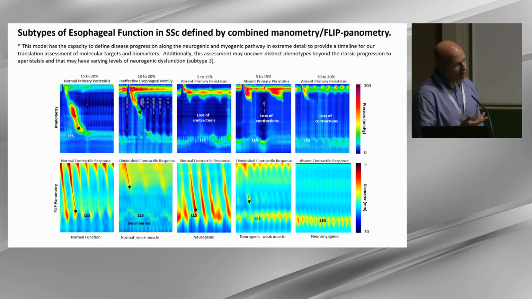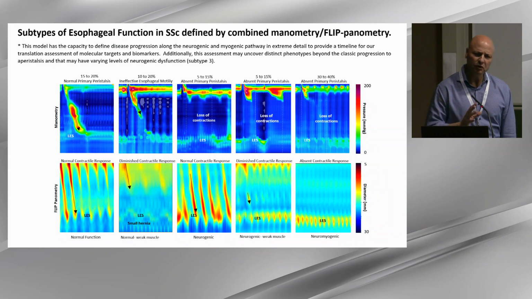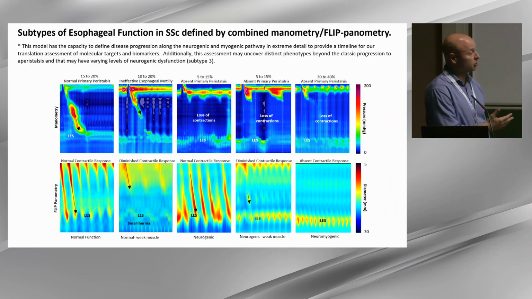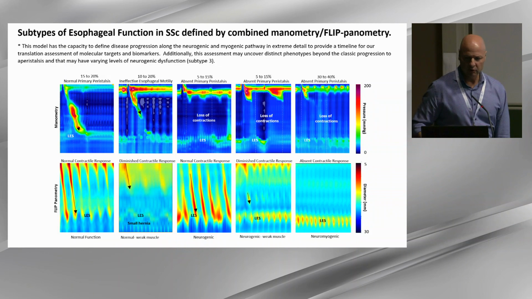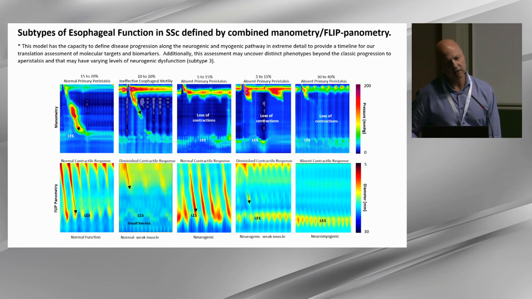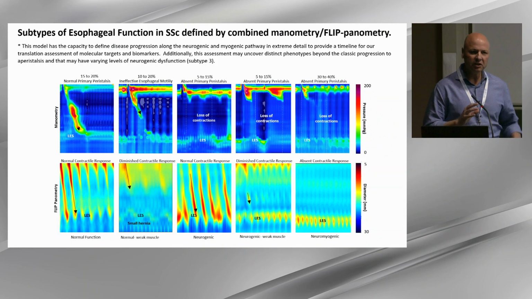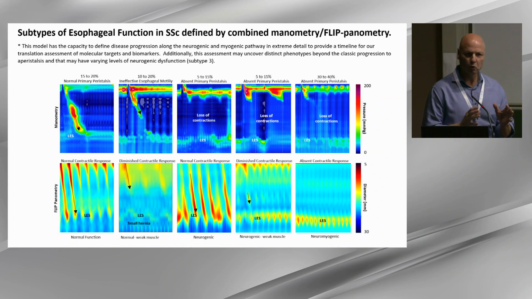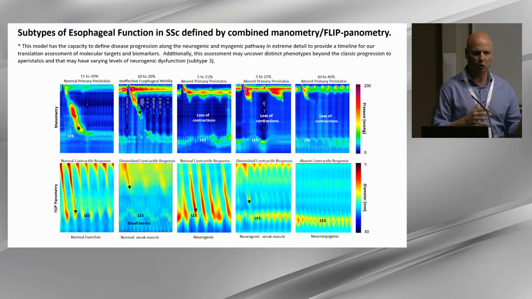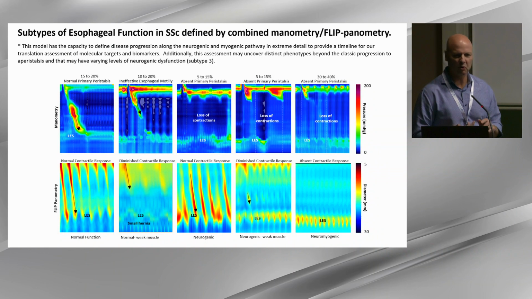What we started to see also was that if you looked at patients with scleroderma, for instance, and you looked at the correlates between their high-resolution manometry and their functional luminal imaging probe and their panometry patterns, we could see the scleroderma patients who were doing well. They have scleroderma esophagus, but they have no heartburn, no dysphagia.